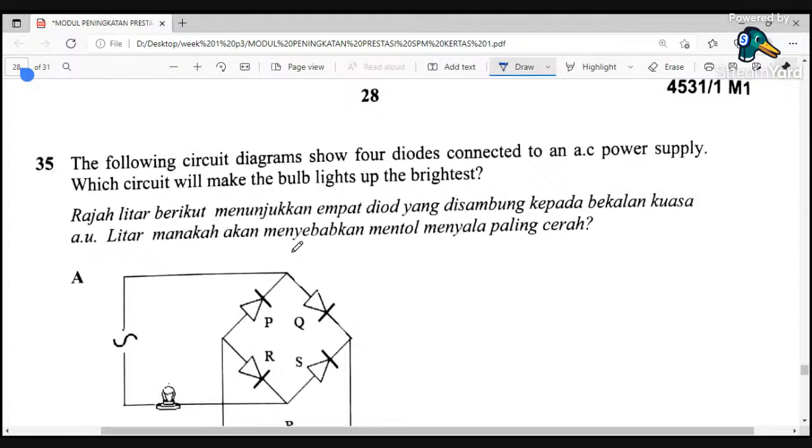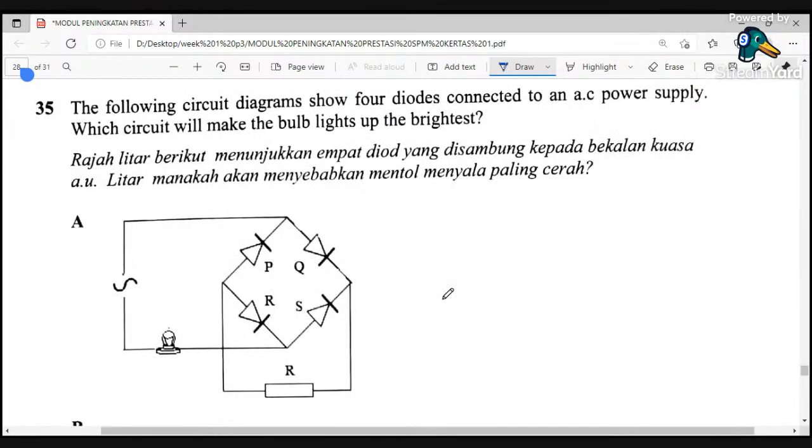Number 35, 4 diodes connected in an AC power supply. Which circuit will make the bulb light up the brightest?